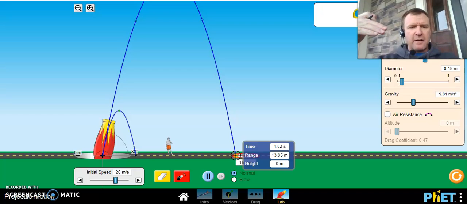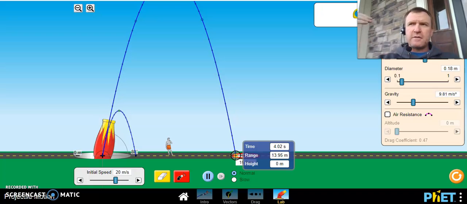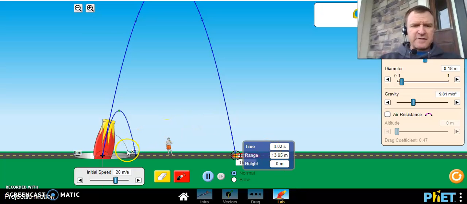That's kind of what we saw in that first situation, so 2 seconds. Now let's double that to 20 meters per second. You throw a ball straight up at 20 meters per second, it's going to lose 10 meters per second every second. So it's going to take 2 seconds to go all the way up, 2 seconds to come back down, so 4 seconds total. I think we're seeing that with this example because this is such a steep angle, it's very nearly vertical.